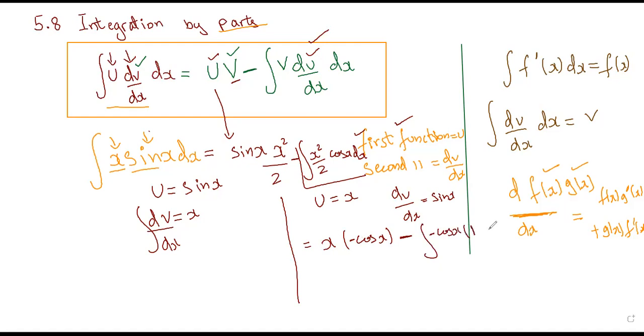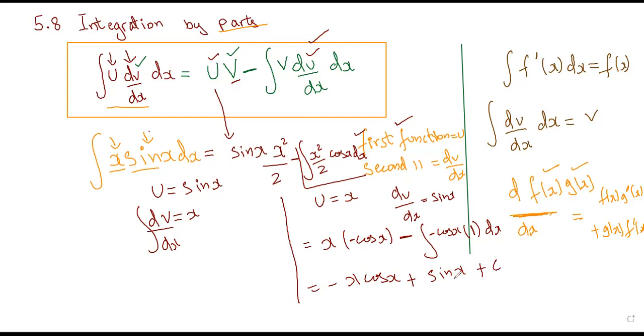It is 1 dx. Now minus x cos x, this minus would give me plus, and integral of cos x is sin x plus c.